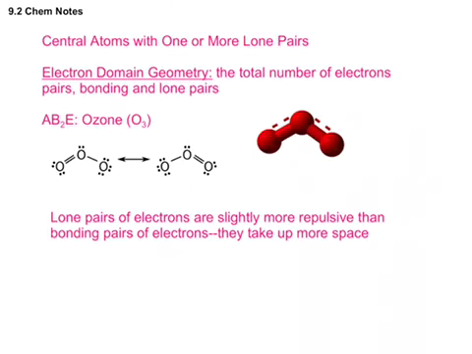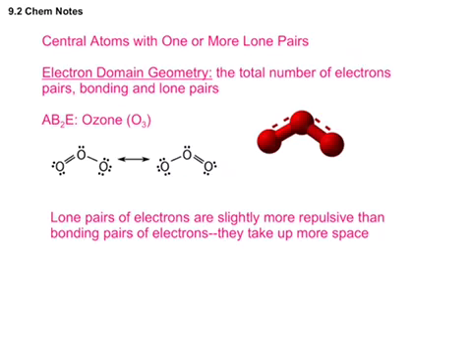All right, now notice all of those examples had 0 lone pairs. And so now we're going to look at some diagrams that have lone pairs of electrons. In order to do this, we look at the electron domain geometry. And this is the total number of electron pairs, bonding and lone pairs.